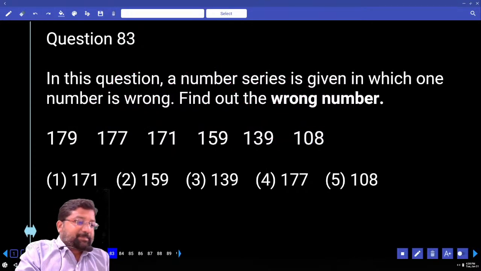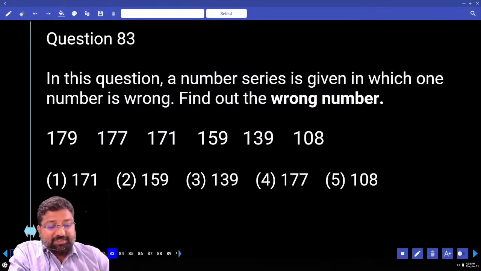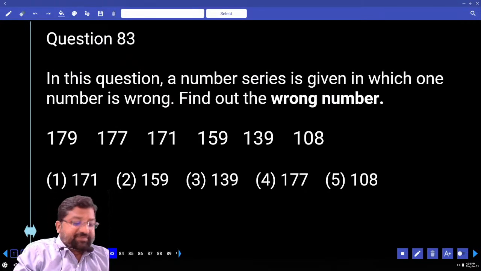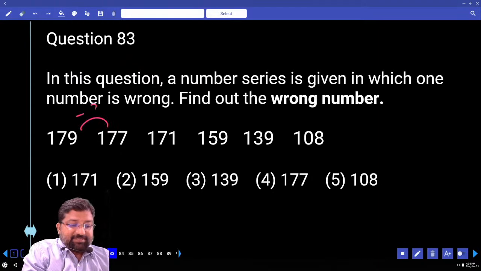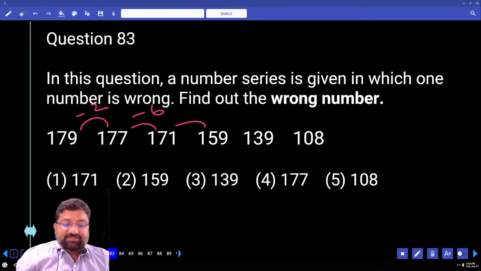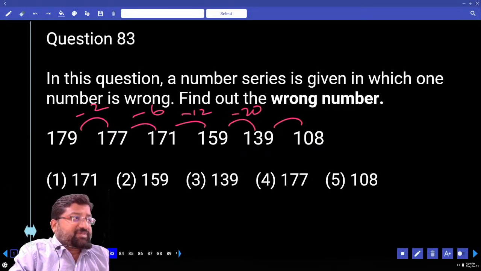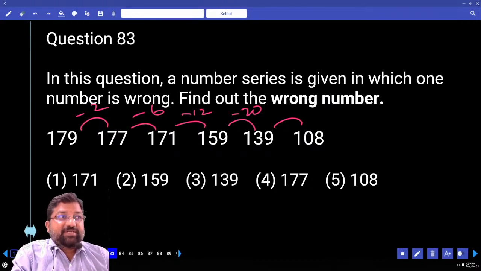83rd question. Increasing or decreasing? Decrease. Huge or gradual? Gradual. We'll go for difference. How much is this? Minus 2. Minus 6. Minus 12. Minus 20. What should be this number? 2, 6, 12, 20. Hundreds of times I have taught you this.